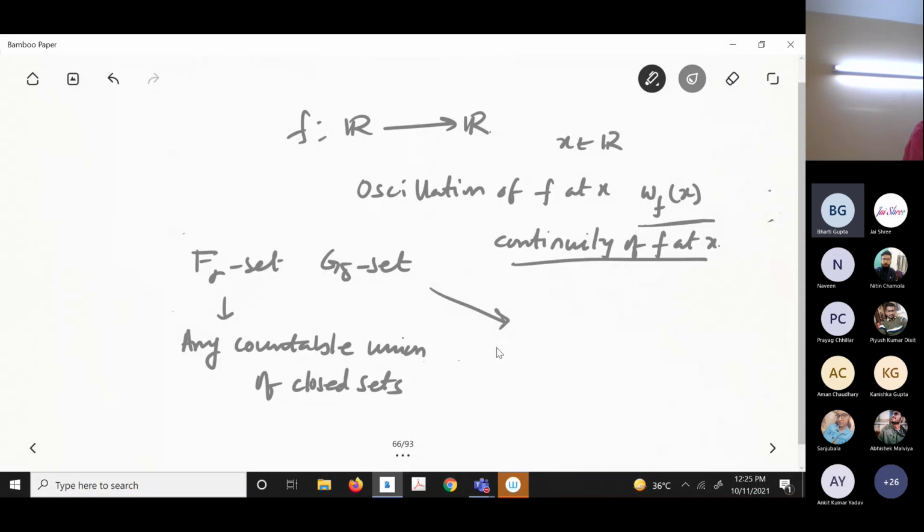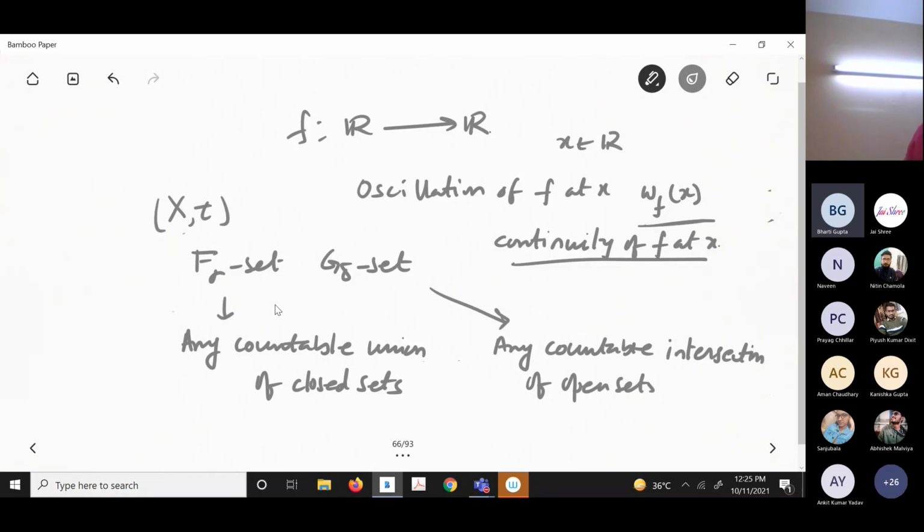Here, any countable intersection of open sets, you are taking in a topological space.